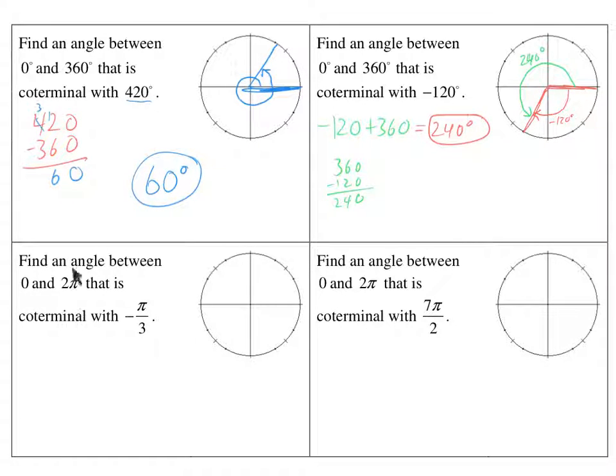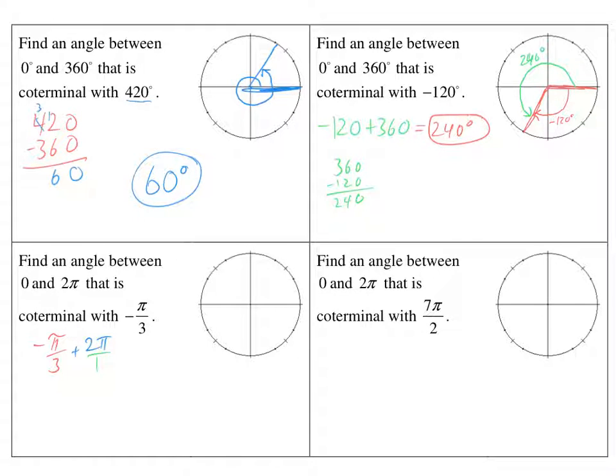So in order to find this between 0 and 2 pi, you can revolve negative pi over 3, which gets you somewhere down here. Or couldn't you just add 2 pi, which is the same as 360? If I add 2 pi to this, I can get my coterminal angle. So I have negative pi over 3 plus 2 pi. Now, here's the problem. Some of you struggle with adding a fraction with a whole number. In order to do that, you have to get common denominators.